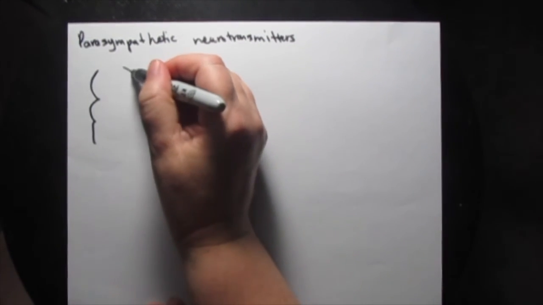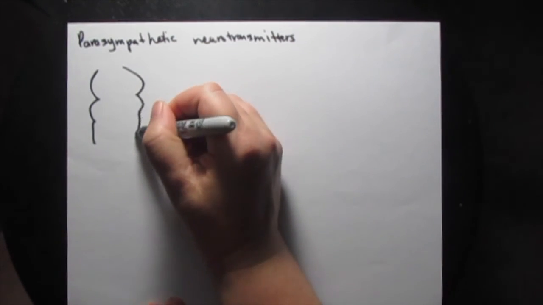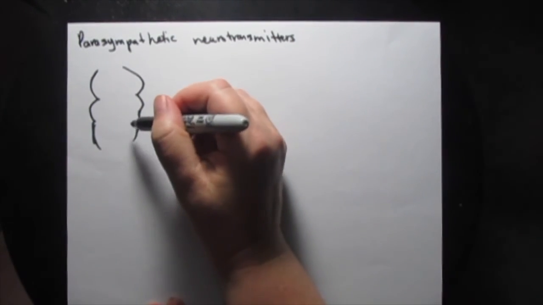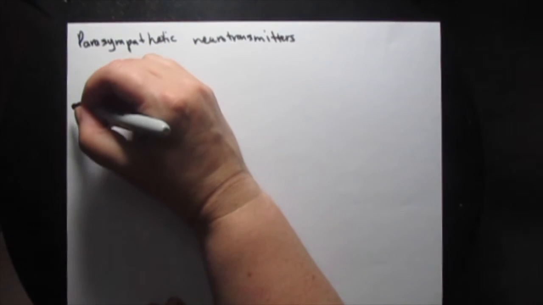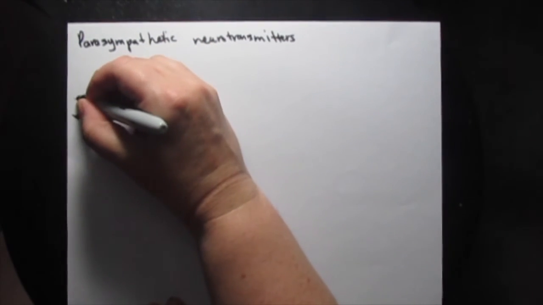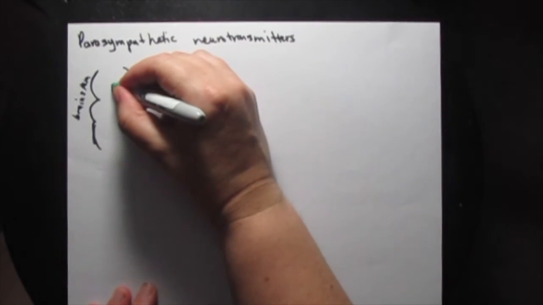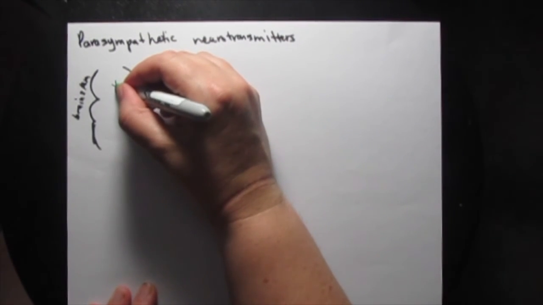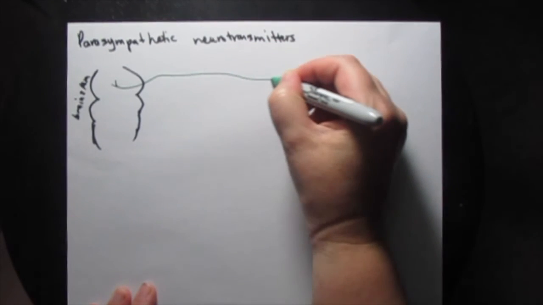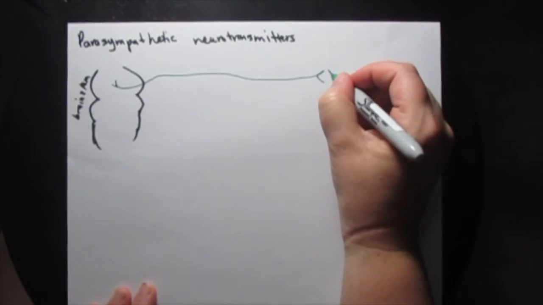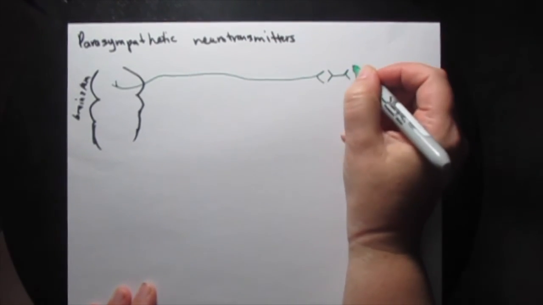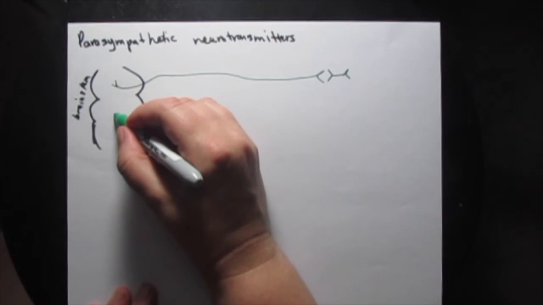At the top, again, I'm going to just draw a horrific version of a brain. Oh my gosh, it's so bad. Anyway, at the top, this is our brain stem itself. And at the top, we're going to be representing the midbrain, and we're going to have a single output from the midbrain. Go ahead and do the preganglionic and postganglionic neuron at once.